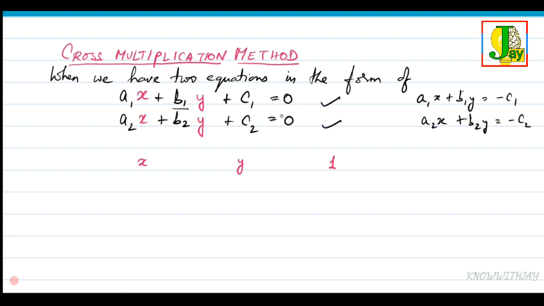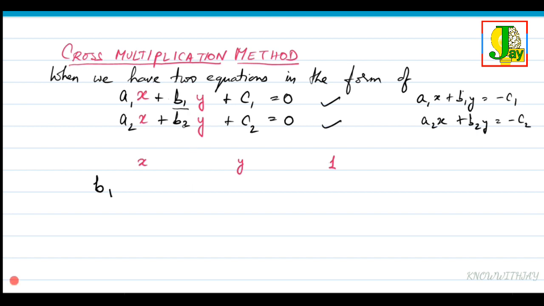After writing it in those two forms, the next step is to rearrange the coefficients only. Remember, only the coefficients. Be careful when you are writing: you have to start with the middle coefficient, b1, and then going in the clockwise direction, b1 c1, then going back to a1 and again b1.